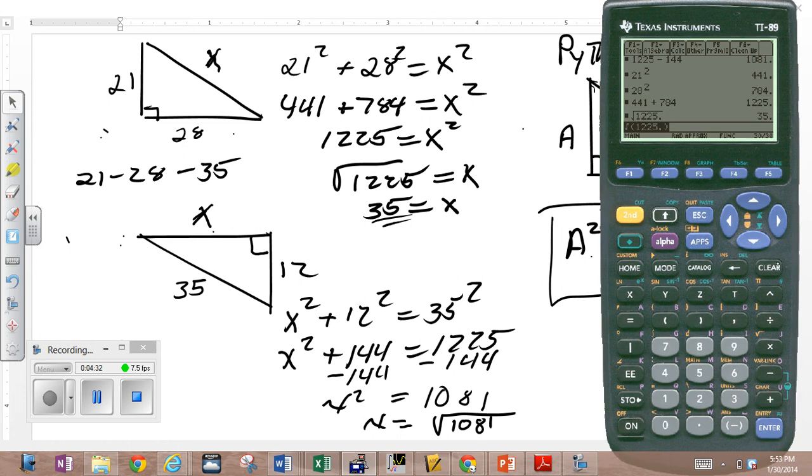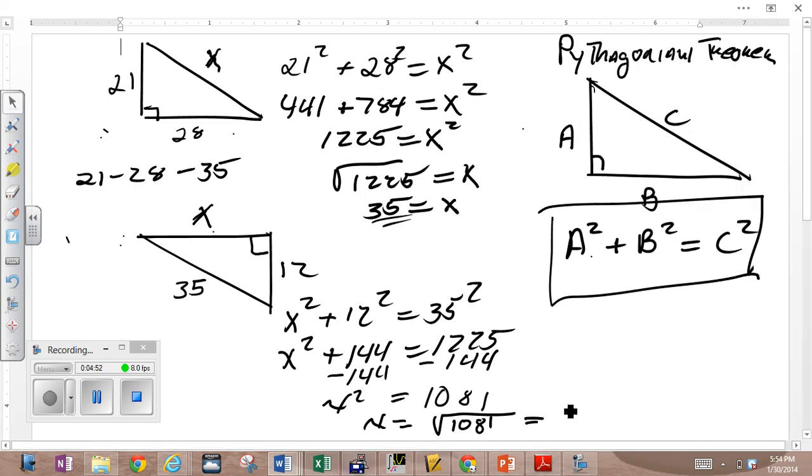So let's put that in, second square root, 1,081, and close that, and that is 32.87 it looks like. So take two decimal places, 32.87 is the value of that unknown side. And I'll just put that in now, 32.87. Okay, and that's all there is to it.